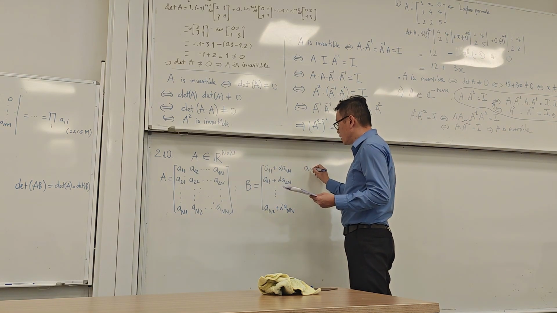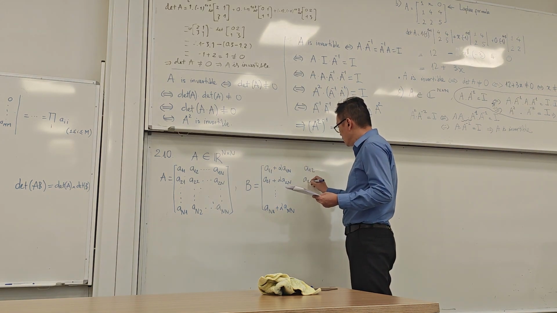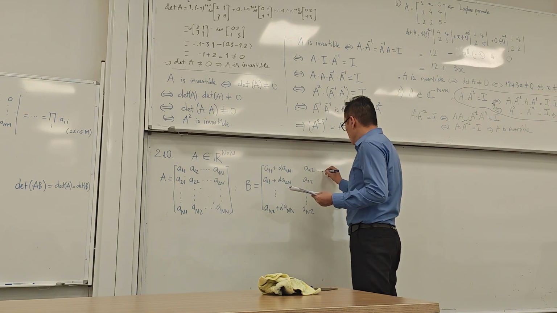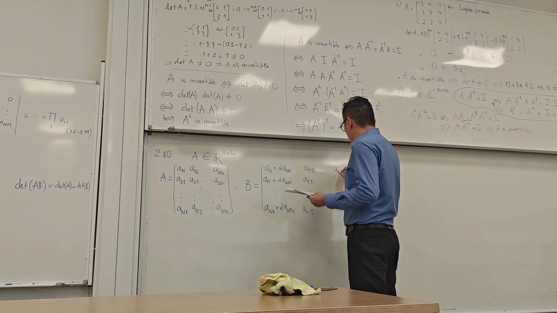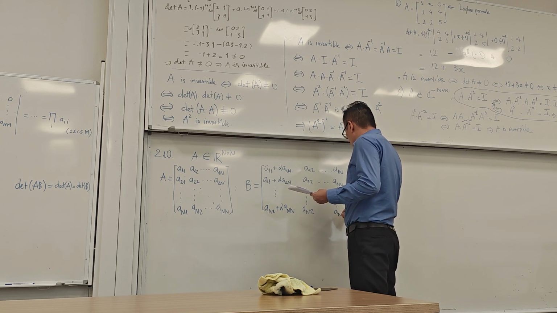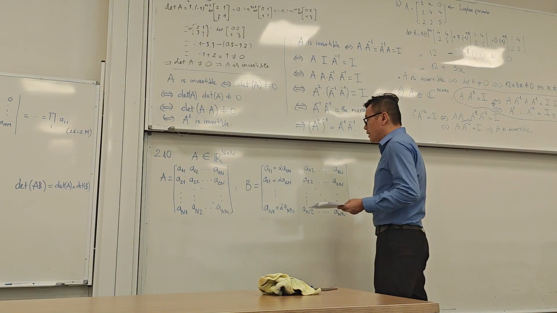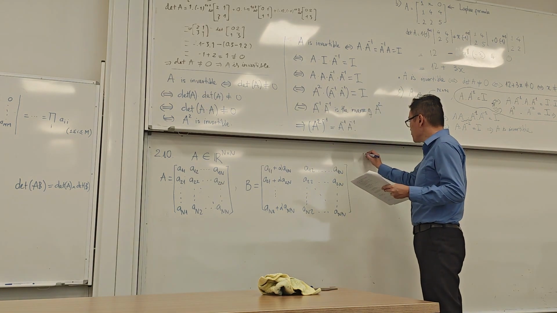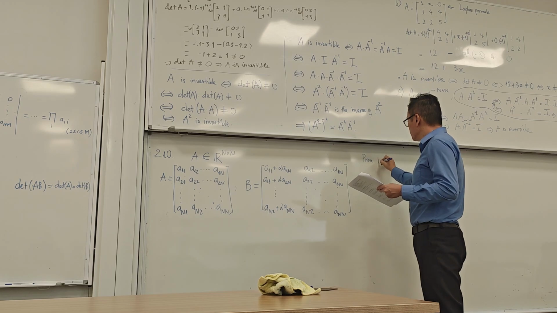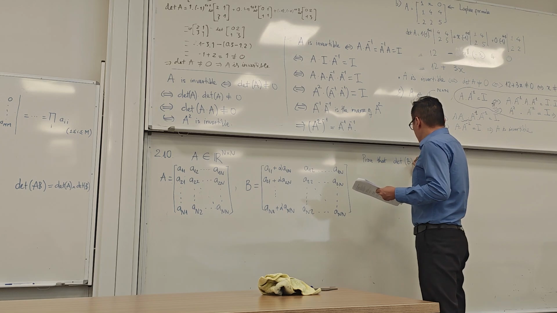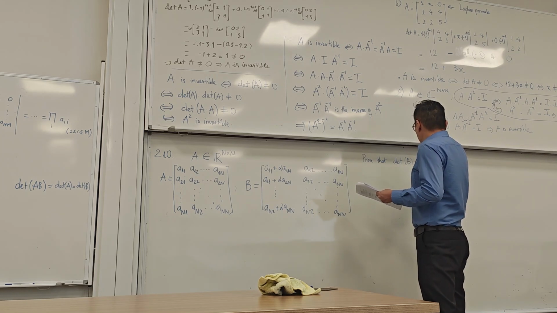Now I still have the second column here, and the other columns stay the same. Now we prove that then B equals A.